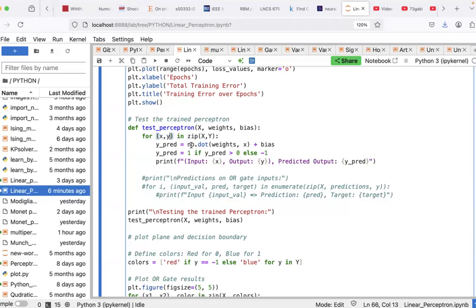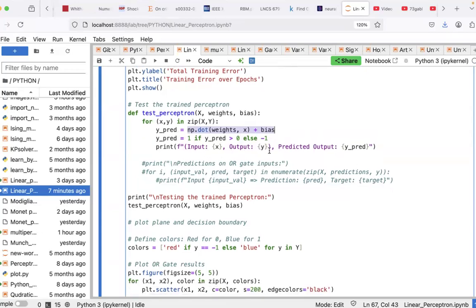And then we apply the perceptron rule. We first compute the dot product, W times X plus the bias, and then we apply the activation function to see what the predicted output is, which is then plotted: input, output, and then the predicted output. And if we train the perceptron correctly, we should get a match here.